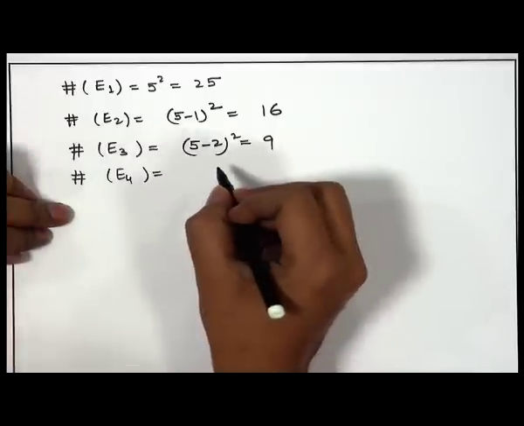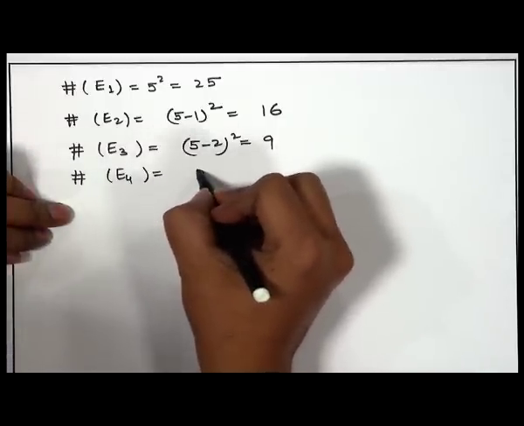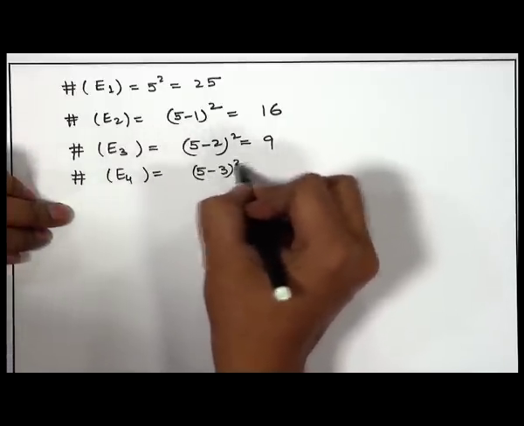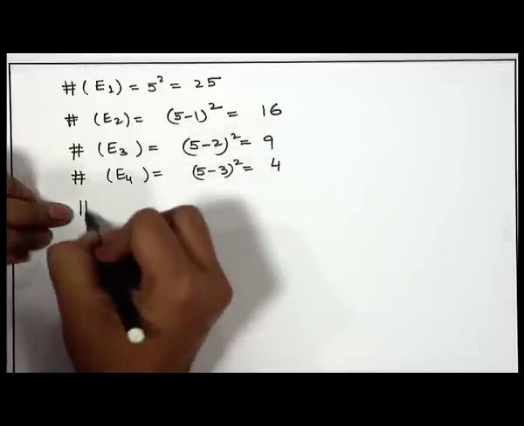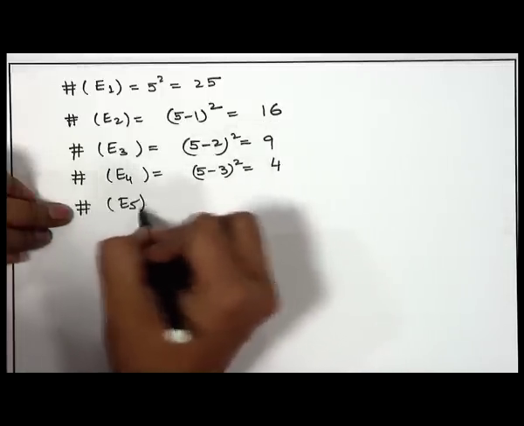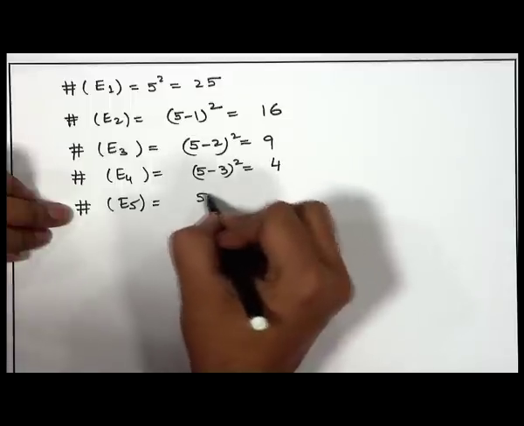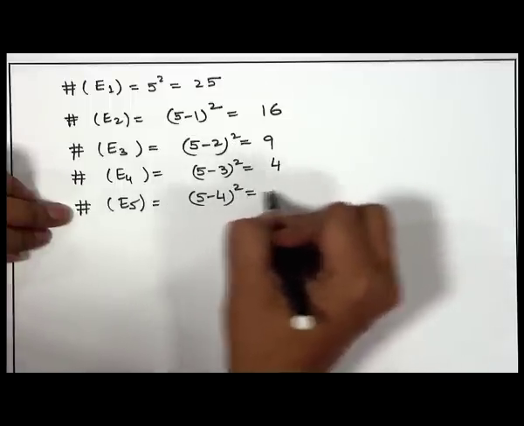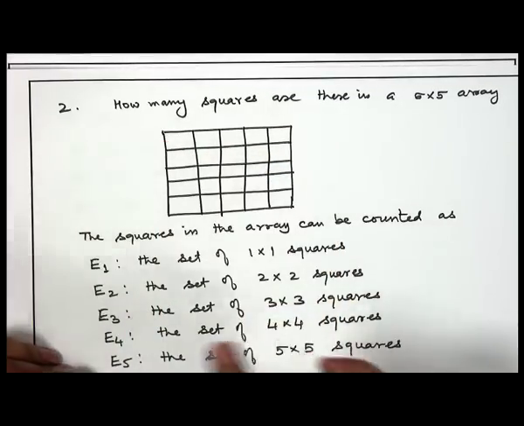The number of 4 by 4 squares is (5 minus 3) square. So, that will be simply 4, and the number of 5 by 5 squares is (5 minus 4) square, that is 1. The 5 by 5 square, there is only 1.